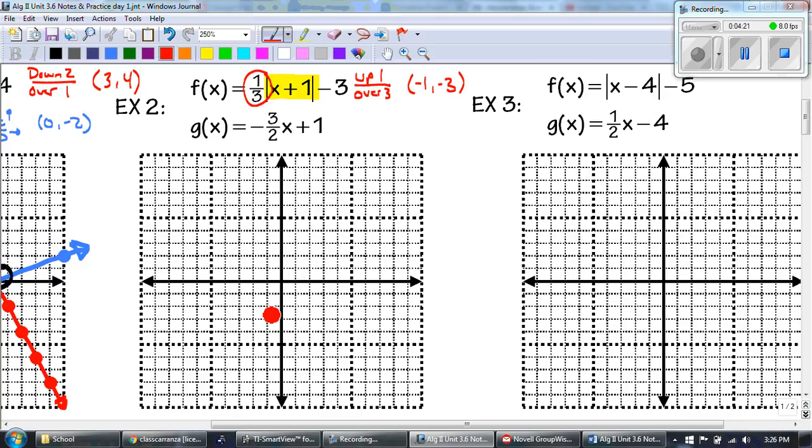So -1, -3. I'm going up 1 over 3, up 1 over 3, up 1 over 3. And I'm going to go as many points as I can because I don't know where they're going to intersect. I'm going to use my straight edge and draw the line.